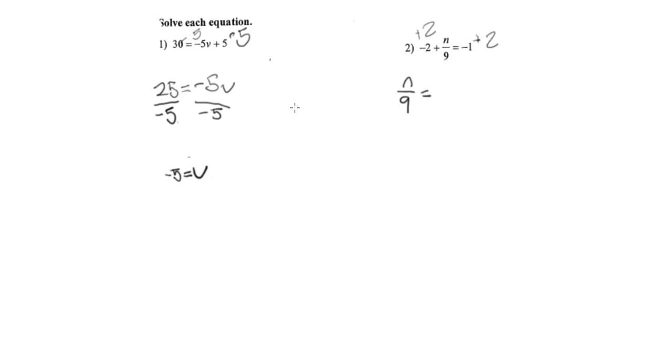It was not negative 1 minus 2. It's negative 1 plus 2. Nope. Do your number line. Negative 1, 0, 1, 2. If you're here and you add 2, what do you get? We need to practice our integers.